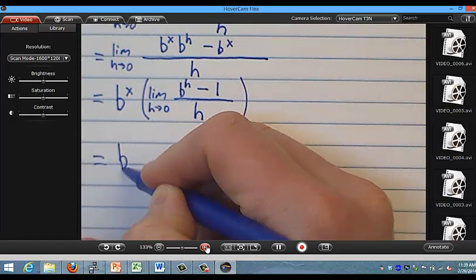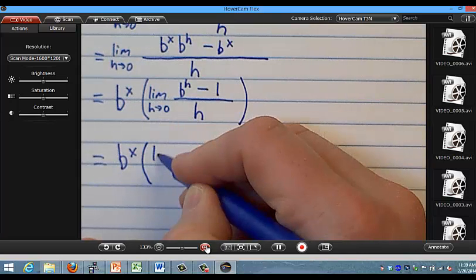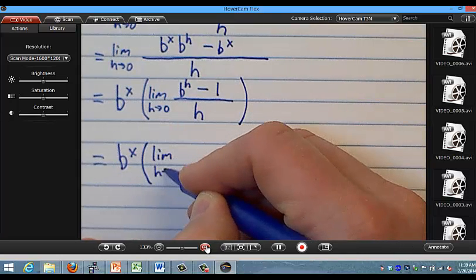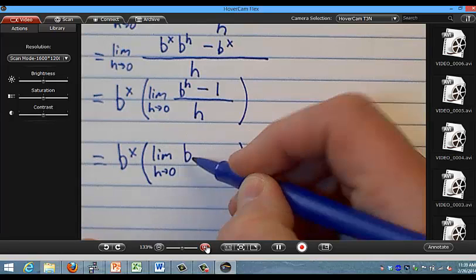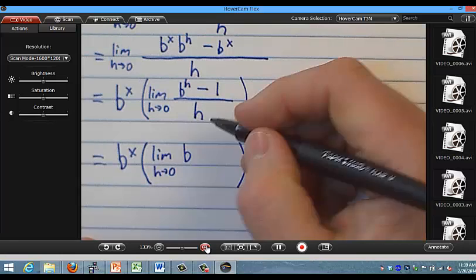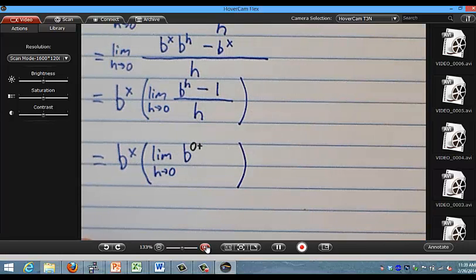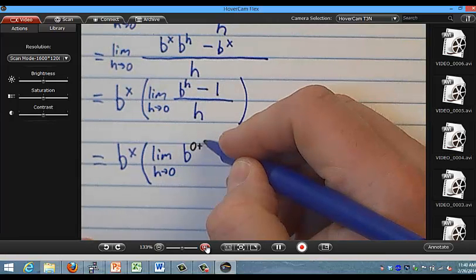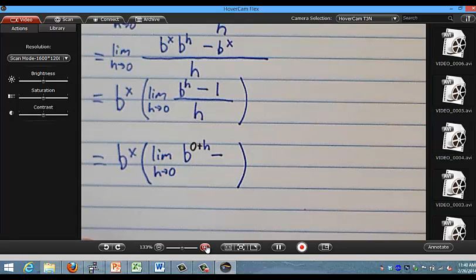B to the x power times limit as h approaches 0. And watch what I'm going to write next. B to the 0 plus h minus, and I'm going to rewrite that number 1.